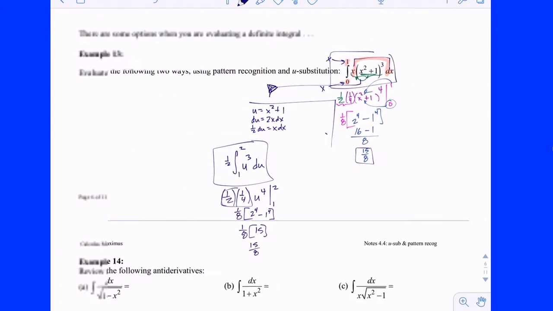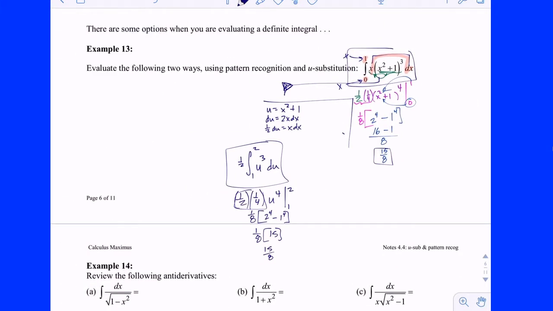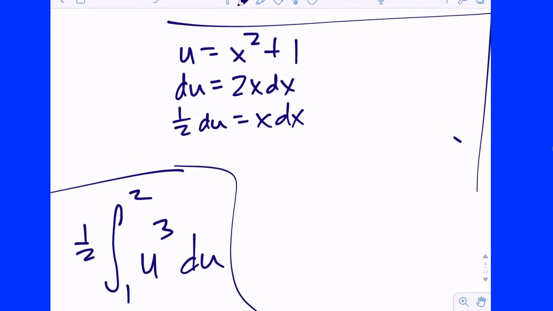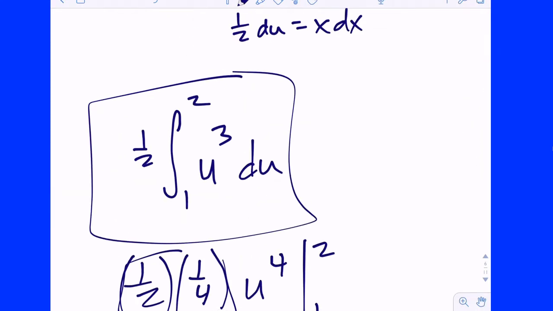Now, of course, which way is a little faster? Pattern recognition. But it only works if you recognize the pattern. U substitution is more of a formal process that does work, and it does help you because it simplifies your radicand dramatically.